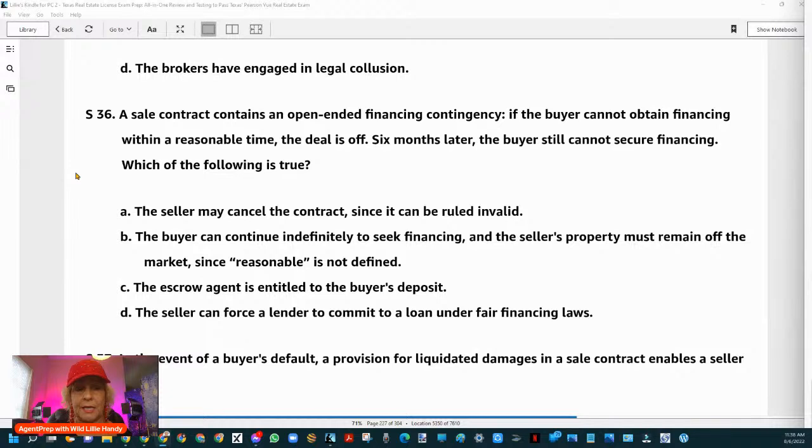B, the buyer can continue indefinitely to seek financing and the seller's property must remain off the market since reasonable is not defined. C, the escrow agent is entitled to the buyer's deposit. D, the seller can force a lender to commit to a loan under fair financing laws.